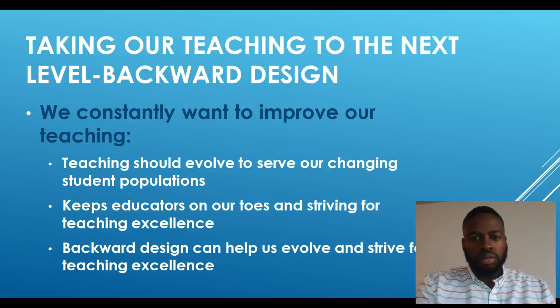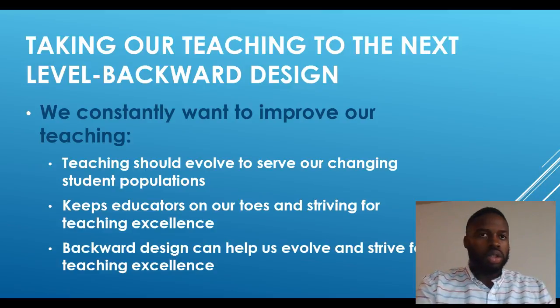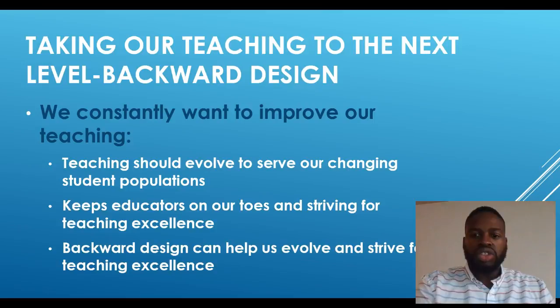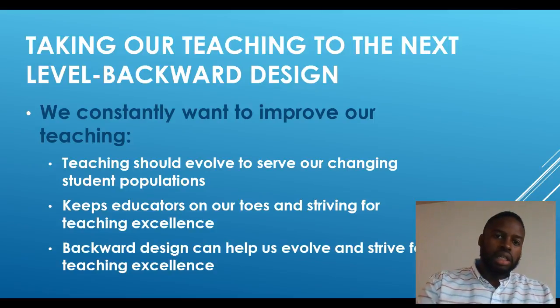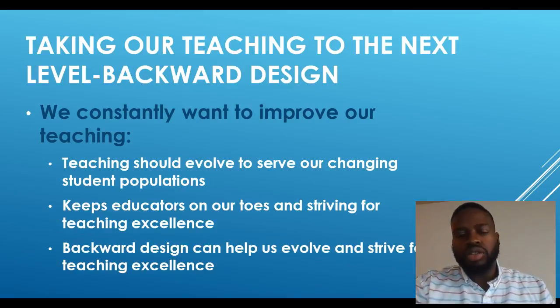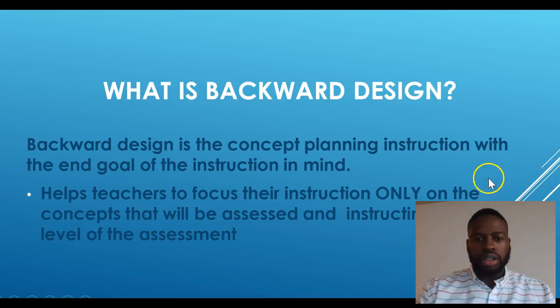What goals do I want to achieve through that? Do I want to put on muscle? Do I want to lose weight? Do I want to have six pack abs or whatever? Once I know what goals I want to achieve, now I can begin to plan ways to reach those goals. And that's what backward design is all about. So then let's move on.